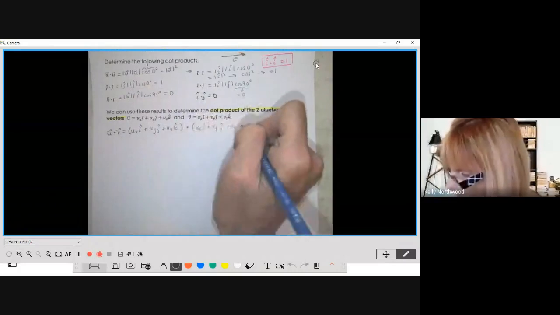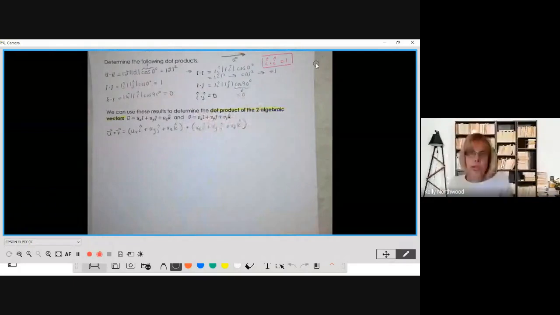So I'm dotting those two vectors together. Notice I'm using the i hat, j hat, k hat form and not the ordered triple form here.